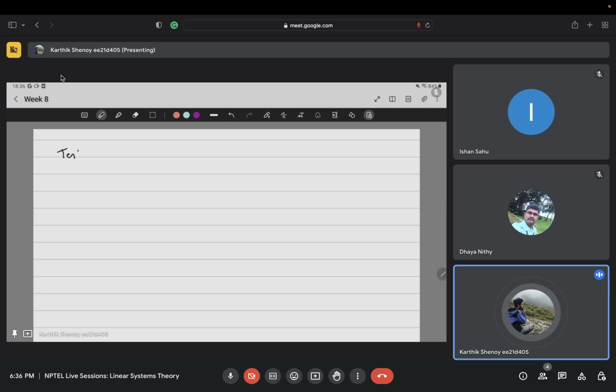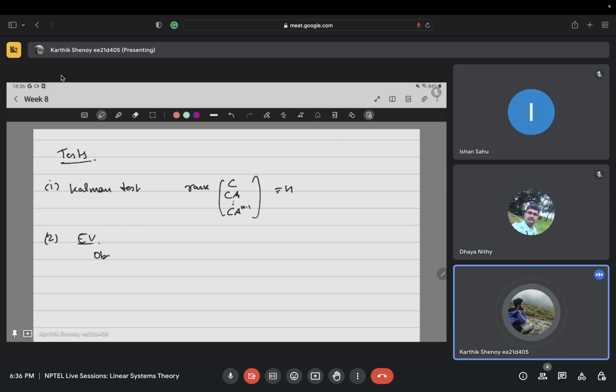So what are the tests? It's again pretty straightforward, nothing fancy. The first one is of course the Kalman test, where rank of C, CA, etc., CA raised to n minus 1 is equal to n. We saw why it has to be n just now. Second test is the eigenvector test.